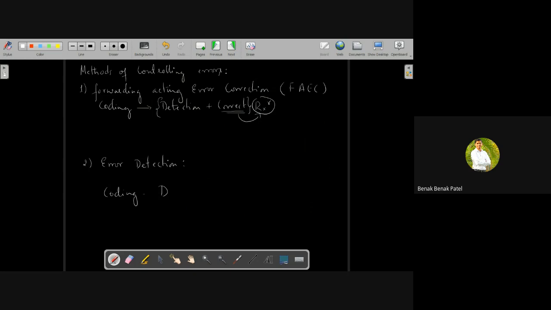We again employ coding, but it does only the detection part at the receiver end, and no correction is involved. What the receiver does is send a message to the transmitter, and if there is any error, the error bits are discarded.